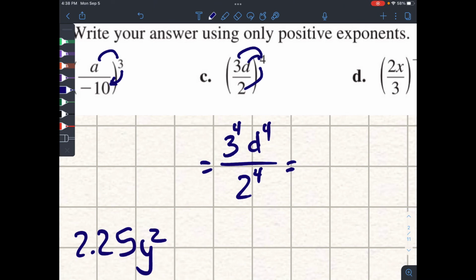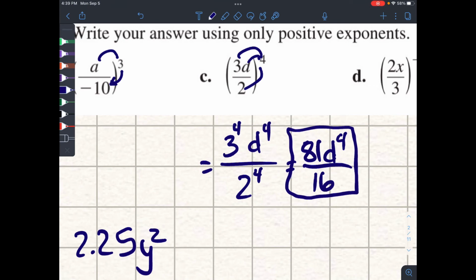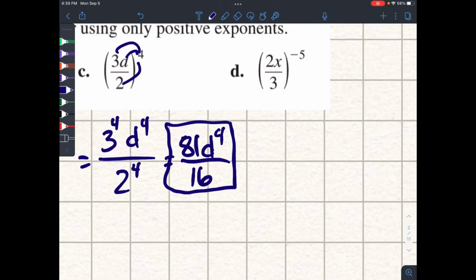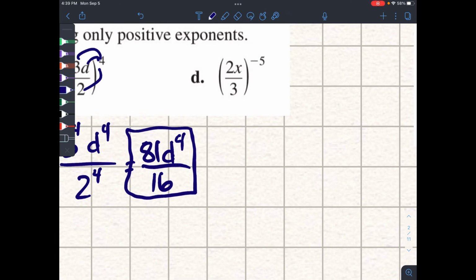Don't say 12. 3 times 3 is 9, times 3 is 27, times 3 is 81. D to the 4th is just d to the 4th. And 2 to the 4th power, again, is 16. Make sure before you circle your answer that you check to see that you can simplify any more. We can't, though. It's done.